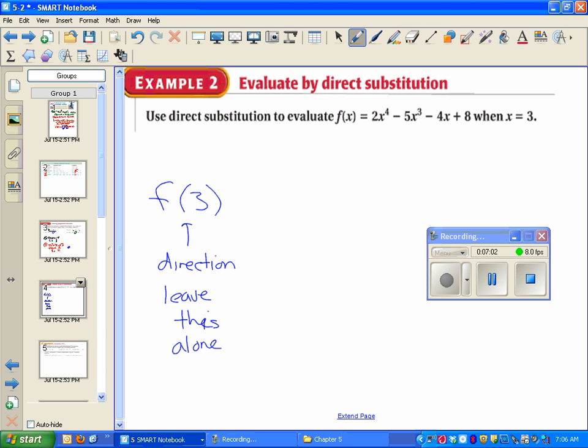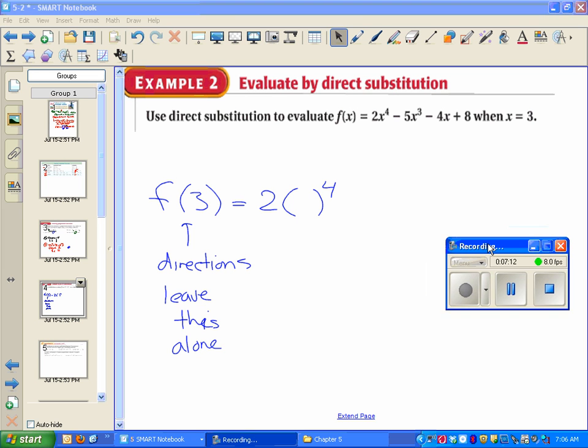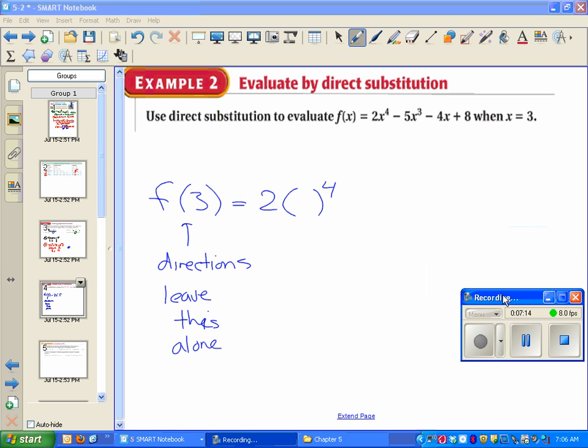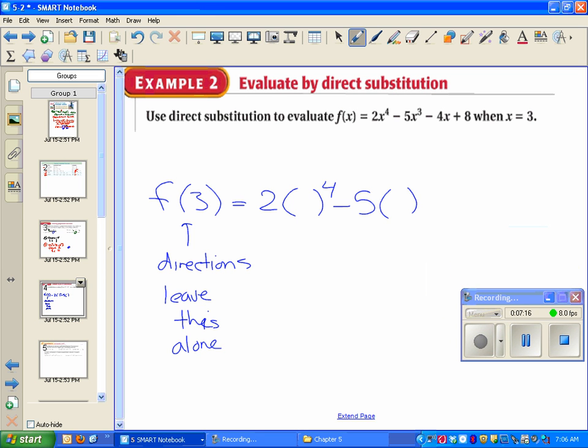Okay, don't try to add it, subtract it, anything like that. All right, leave that alone. Those are just directions. And then do yourselves a favor and make parentheses every time you plug a number in before you plug it in. That will cut down on a lot of your little errors that you might make.